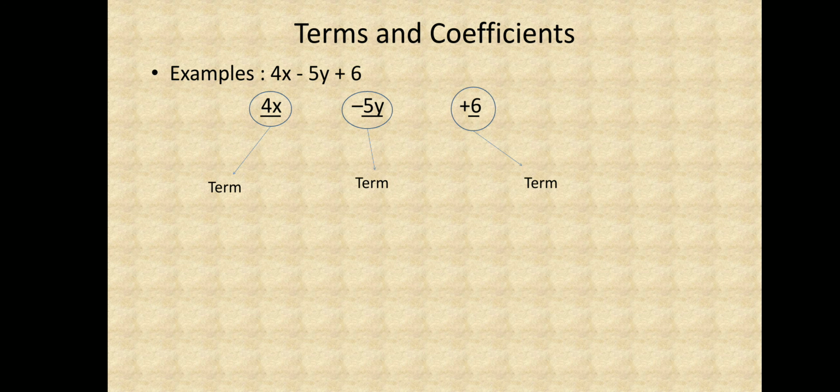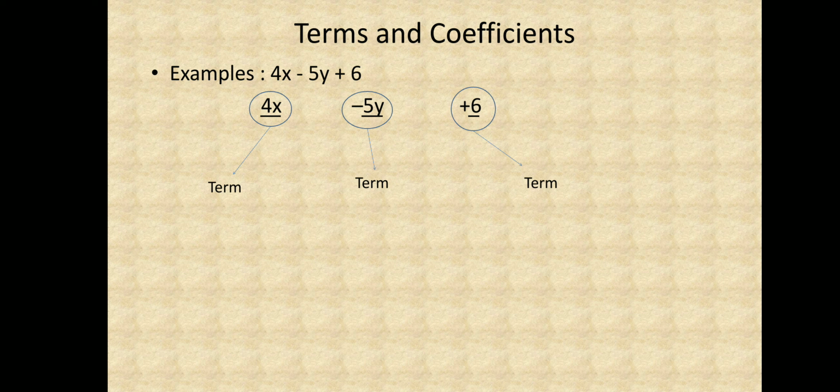Now the next thing we are going to learn is terms and coefficients. We'll take the same example so that we don't have any confusion. The expression is 4x minus 5y plus 6. In this expression, you separate 4x, minus 5y and plus 6, and these three are known as terms.